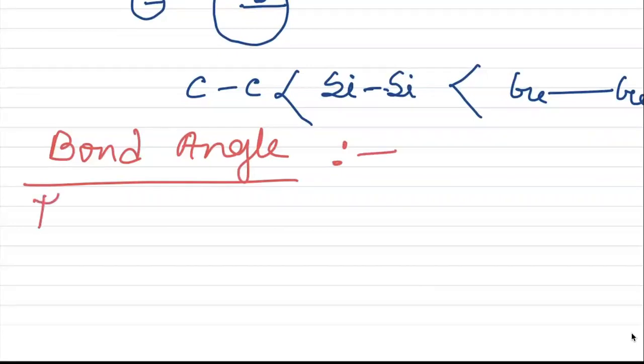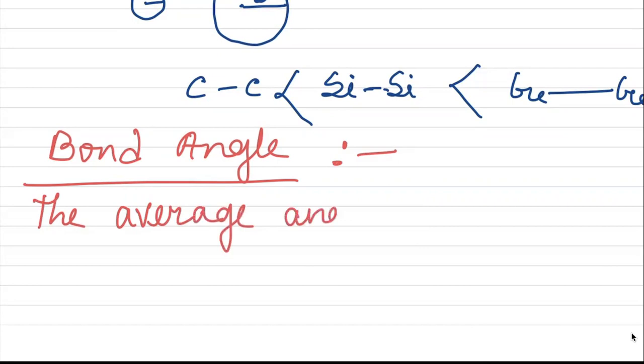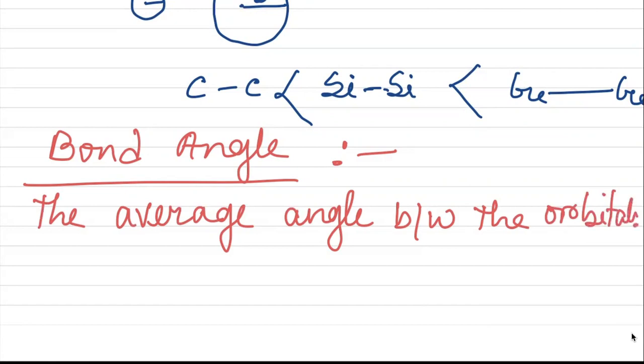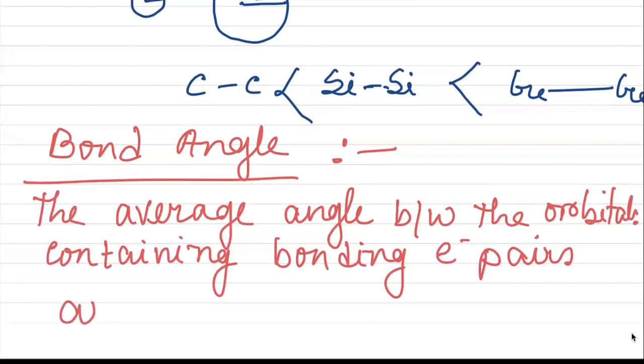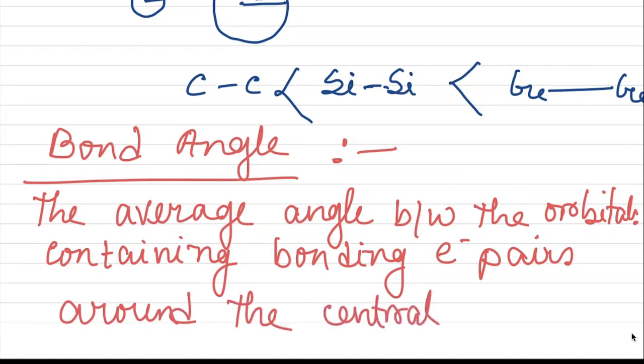What is bond angle? The average angle between the orbitals containing bonding electron pairs around the central atom in a molecule.